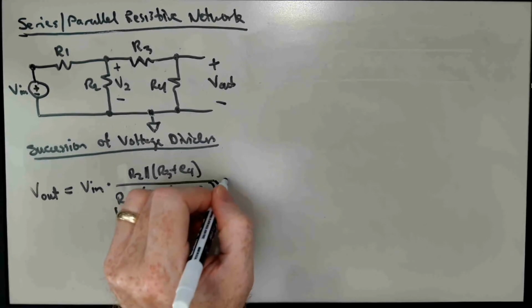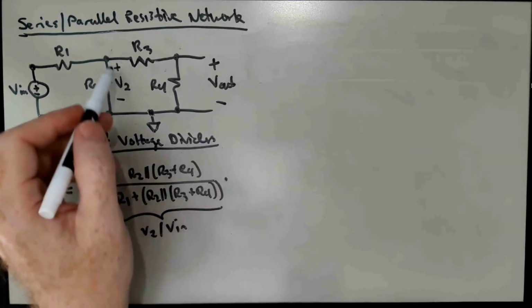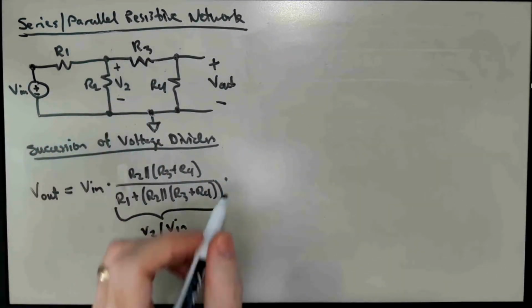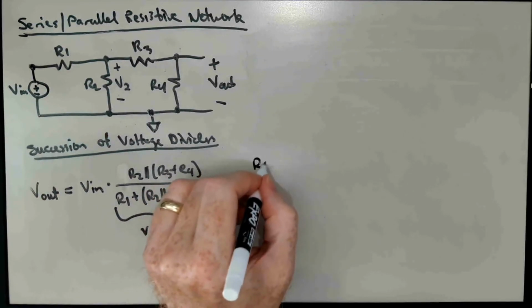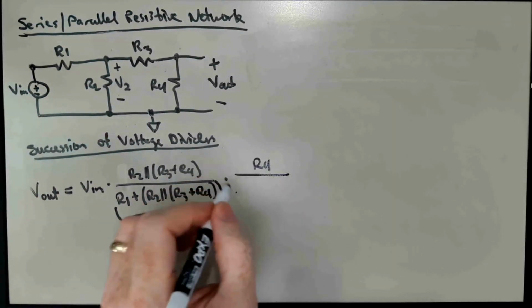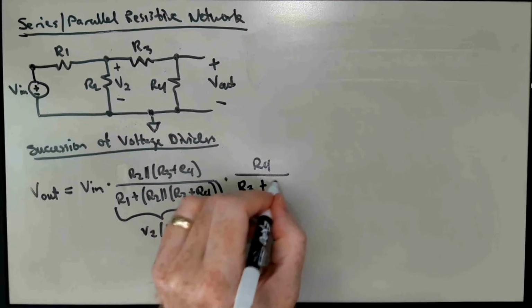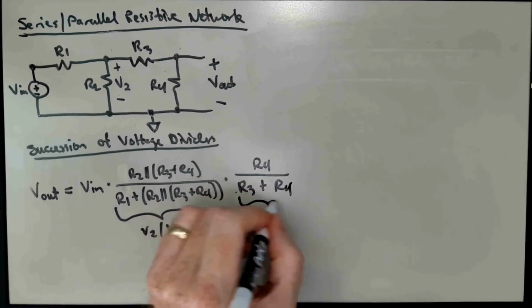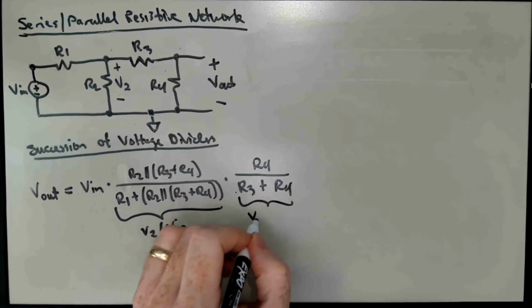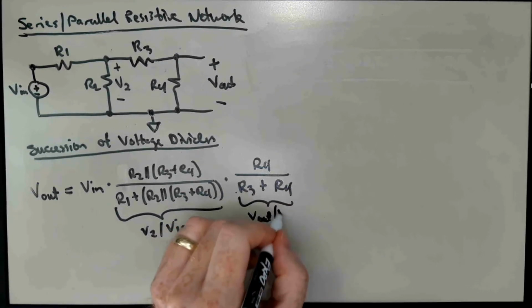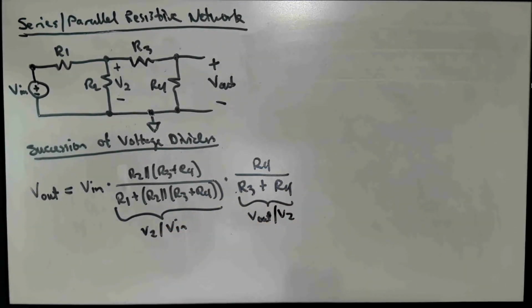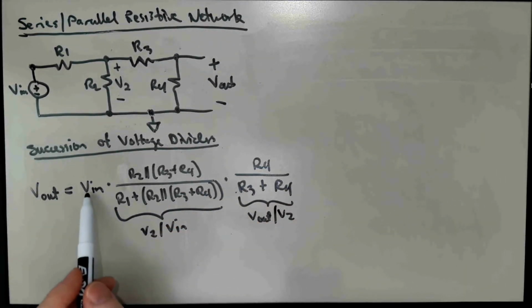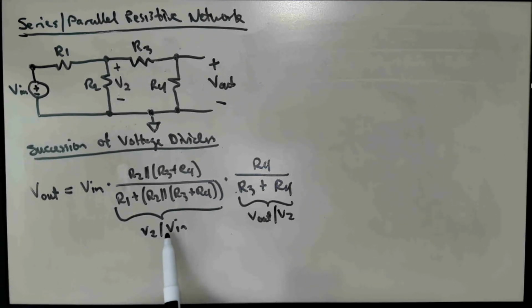And then, once I know V2, I can multiply that by this second voltage divider ratio, which is going to be R4 divided by R3 plus R4. And that is V out over V2. So if you like, the product of V in times V2 over V in gives me V2, and the product of V2 times V out over V2 gives me V out.